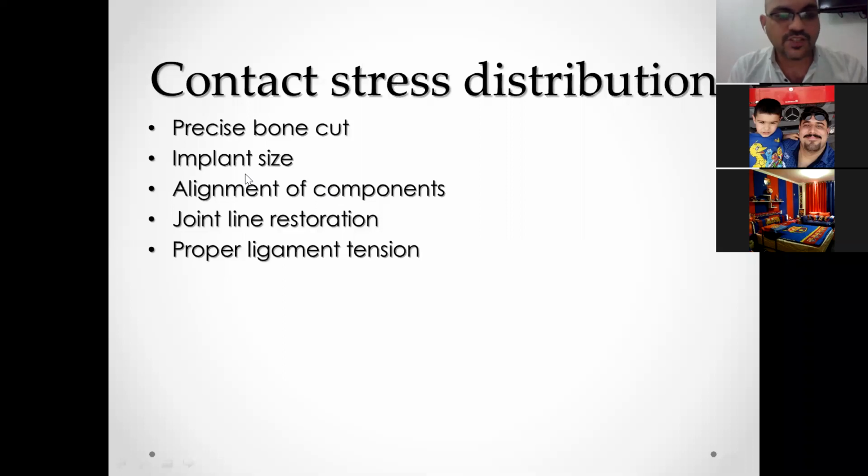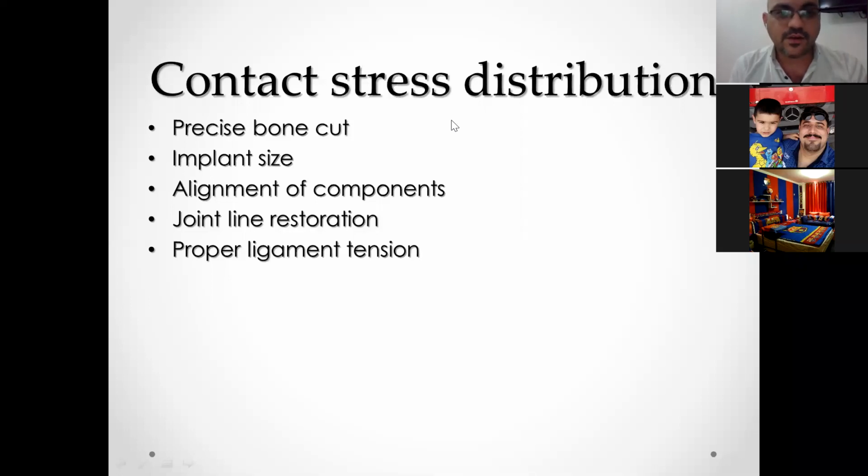In addition to the aforementioned factors, these are very important: the precise cut, implant size, alignment of the component, joint line restoration, and proper ligament tension. Additionally, if anatomic alignment is not obtained, the joint reactive force may be increased and shifted, subsequently increasing stress at the bone prosthesis interface, or bone implant interface.